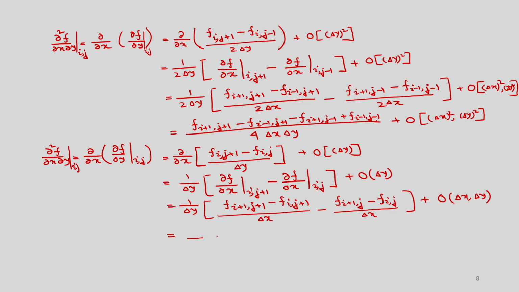So, you will get ΔxΔy, and it will be f(i+1, j+1) minus f(i, j+1), minus f(i+1, j), and minus plus, so plus f(i, j), and the order of accuracy is ΔxΔy.